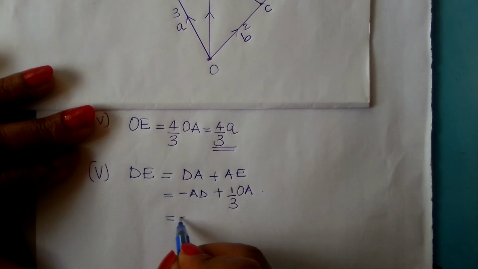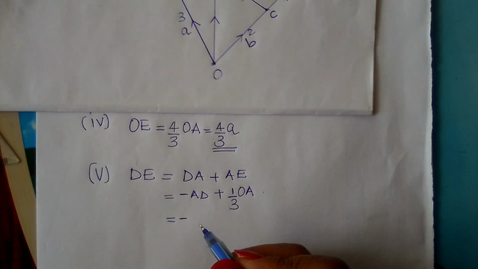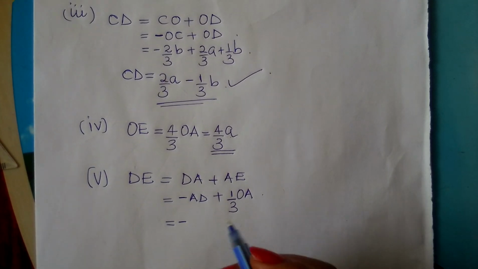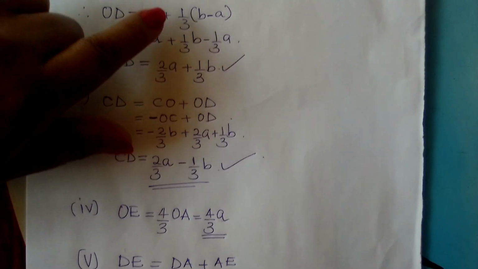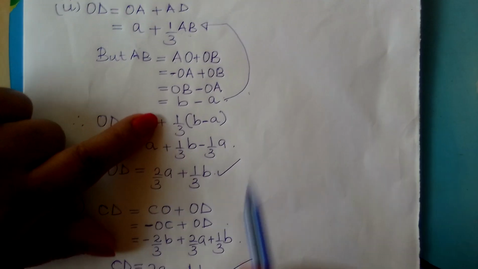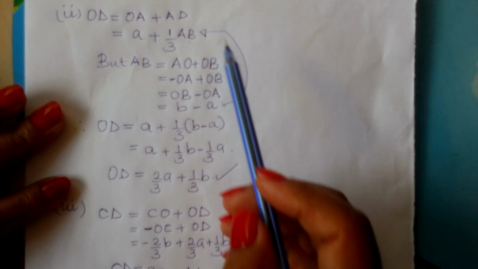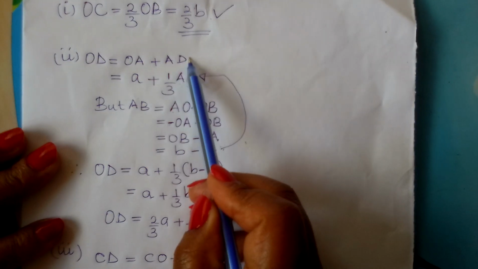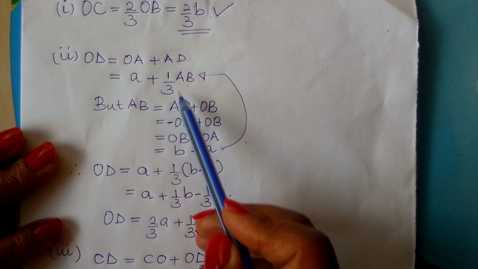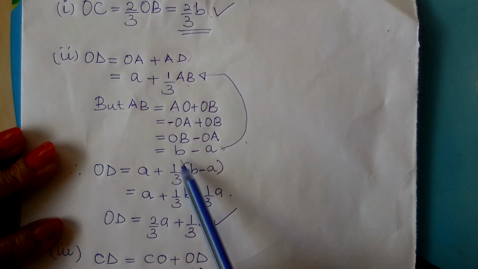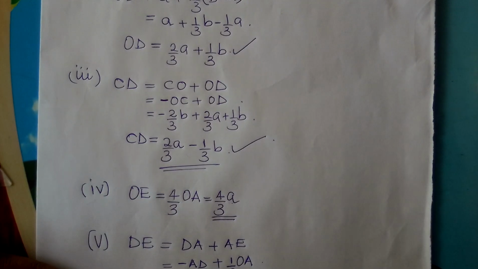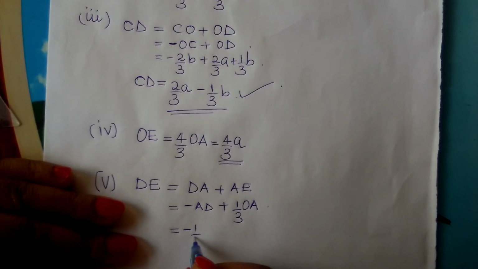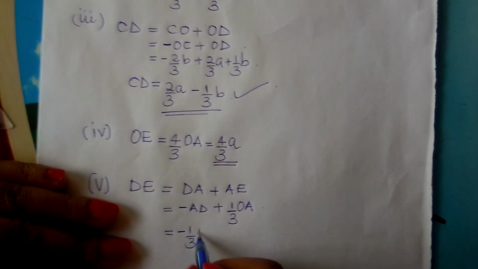This gives us minus what? What is our AD? Our AD, learner. We had calculated our AD somewhere here. Look at this. AD is a third of AB, which is a third of B minus A.